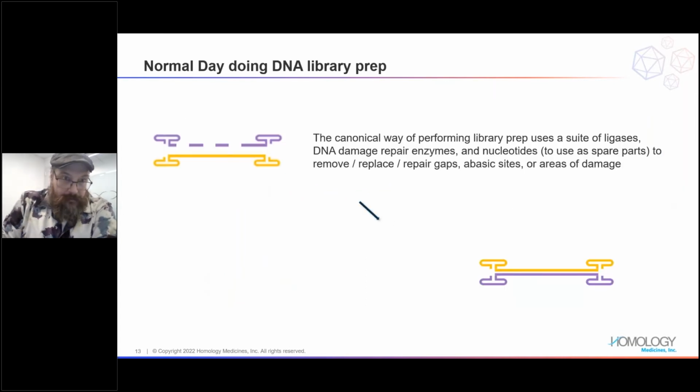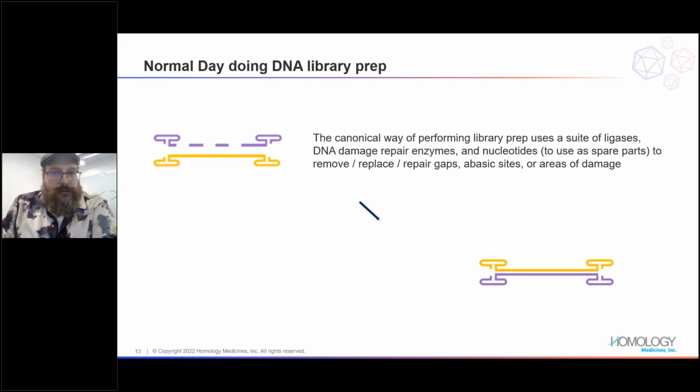So again, if we were to go back and pretend we weren't going to use modified bases, every sequencing technology in the world has this same thing. You want a shoe, you've got to put it on your foot. You want to be able to sequence something, you've got to do the same thing. Everybody goes through these steps of DNA damage repair.